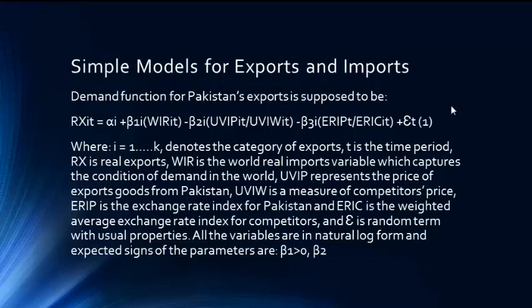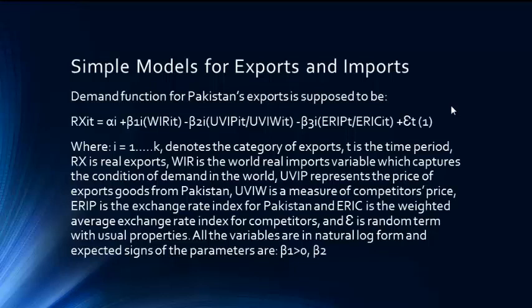of the world. And then there's UVIP, which is the price of export goods from Pakistan, and UVIW is the competitor's price. So it's looking at Pakistan price of exports versus world price of exports. So it's how competitive are our prices relative to the rest of the world for the good that is being exported.